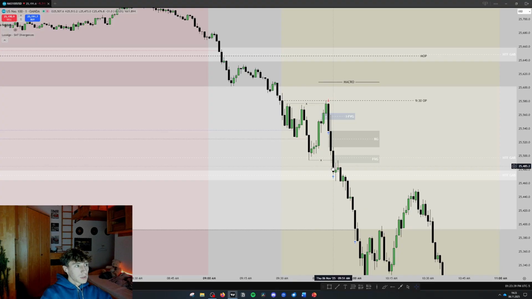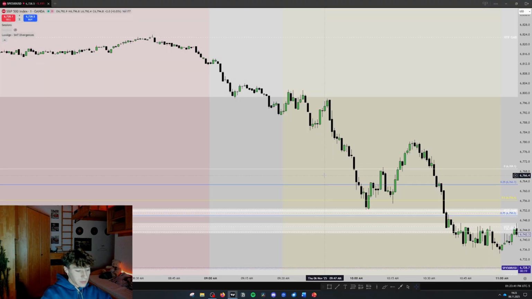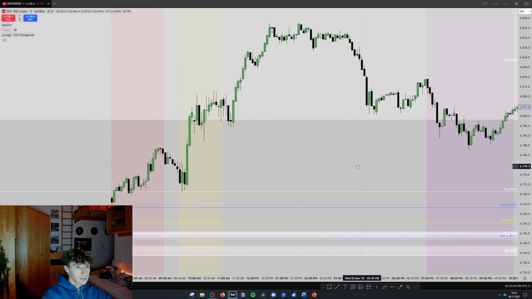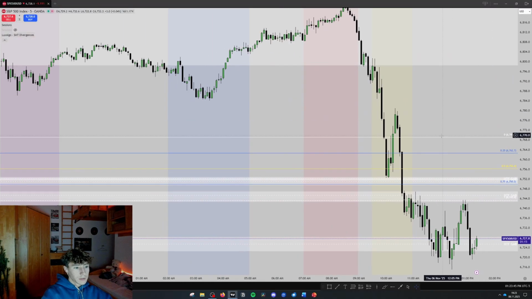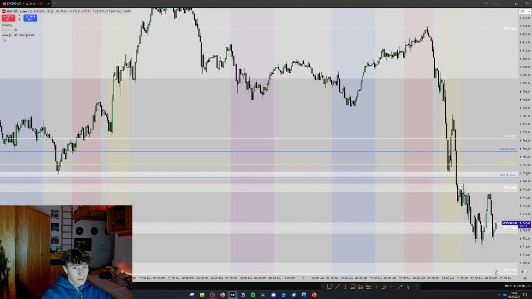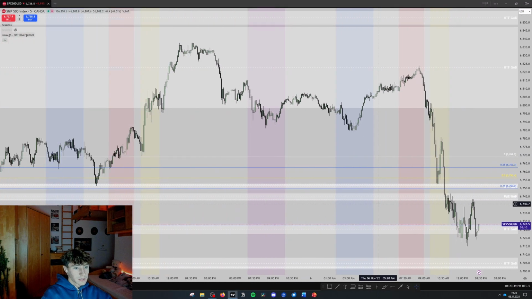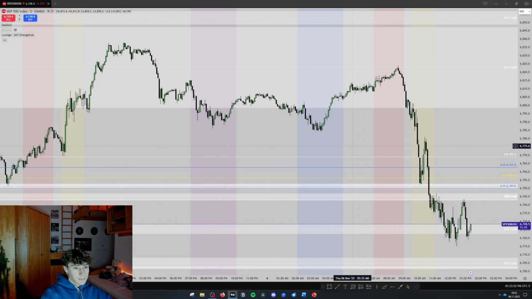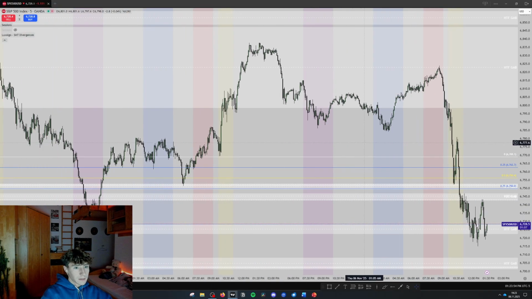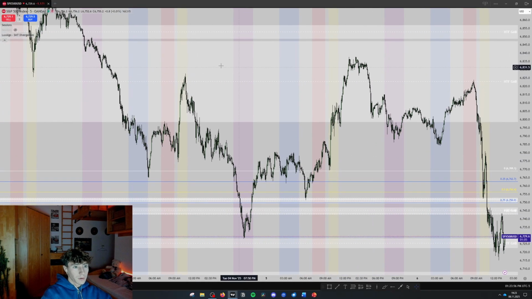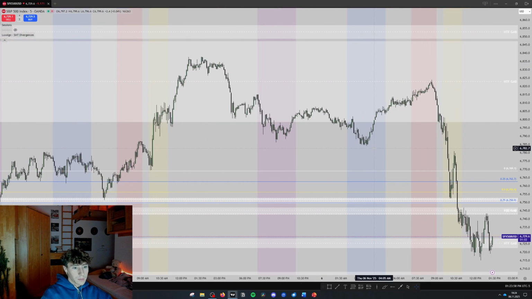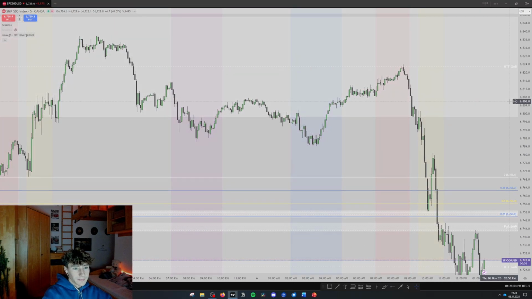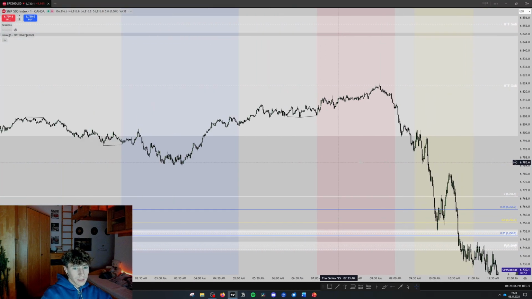And what is really interesting is the fact that on S&P, that's what you can see right now, we also had SMT, so it was a bit different. We had the higher time frame SMT right here, and we swept London lows right here, really late. So let's maybe drop back to the 1 minute chart.